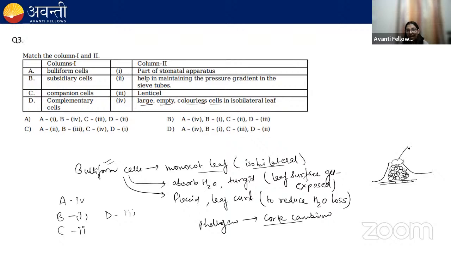This opening is known as lenticel. So in woody stem, the gaseous exchange takes place with the help of lenticels. So A4, B1, C2, and D3.